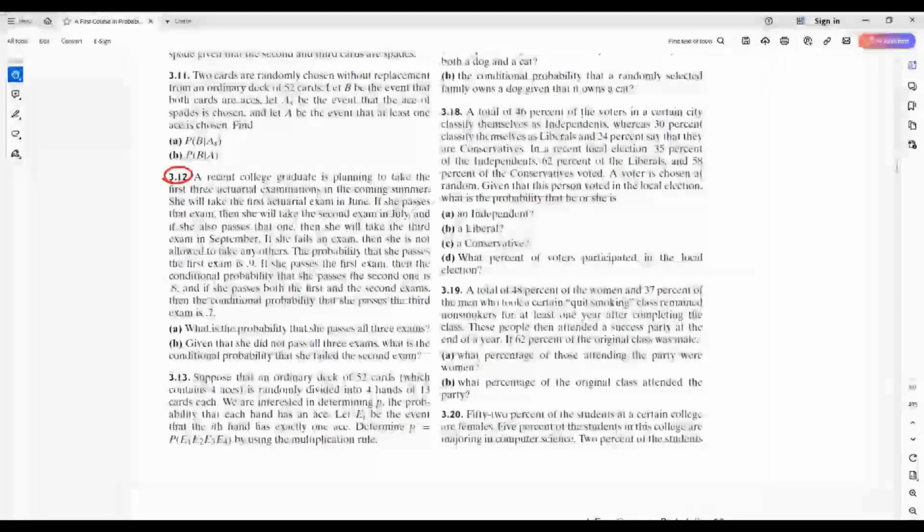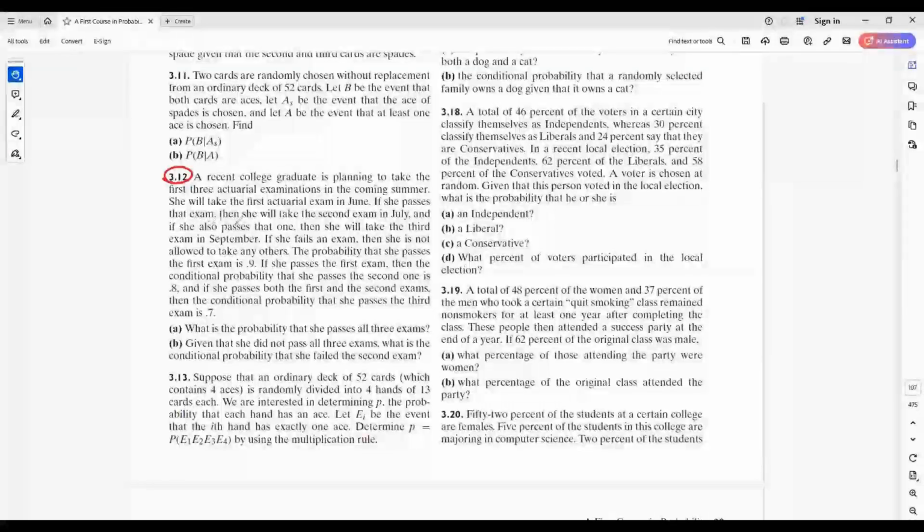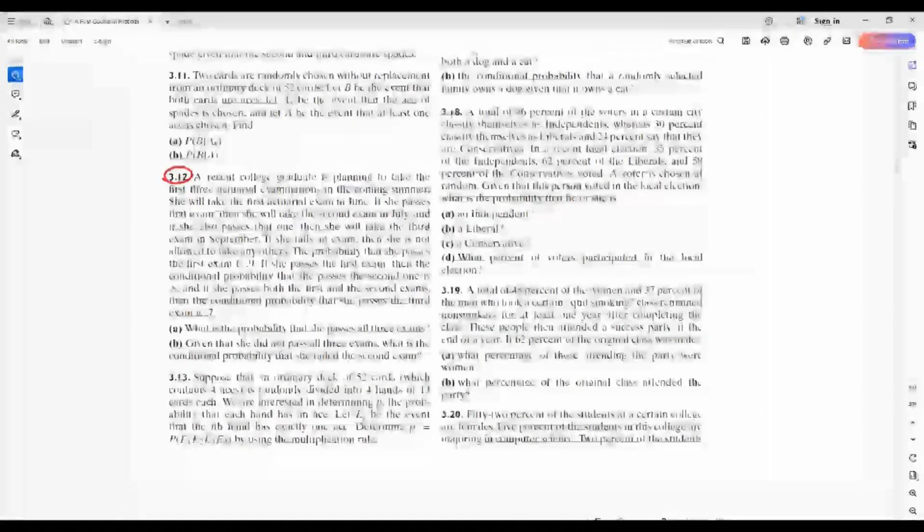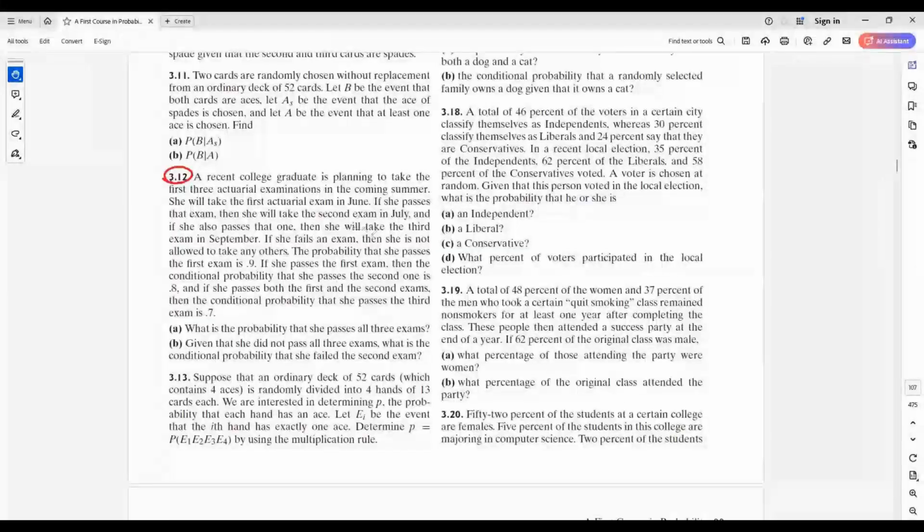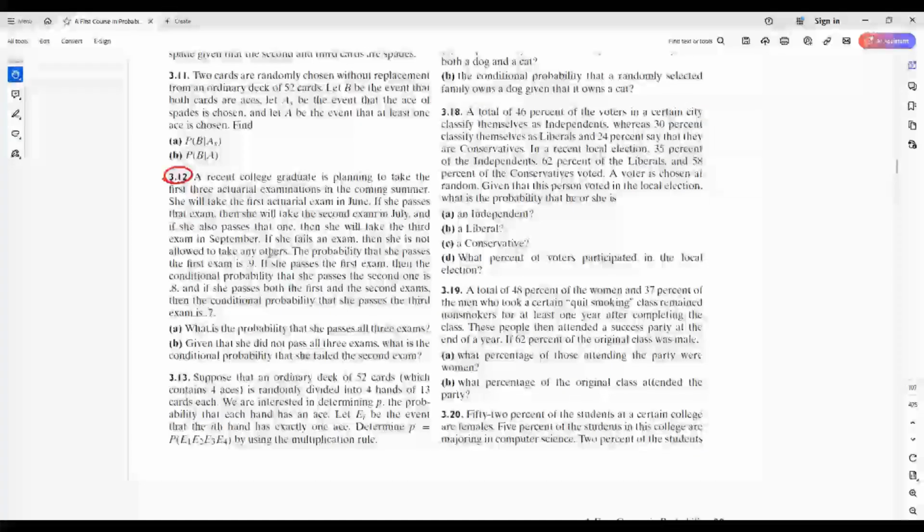If she passes that exam, then she will take the second exam in July. And if she also passes that one, then she will take the third exam in September. If she fails an exam, then she will not be allowed to take any others.